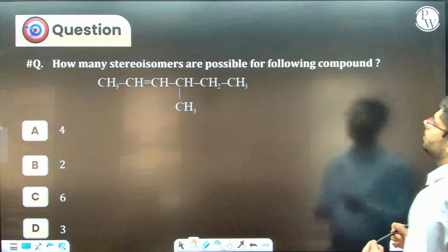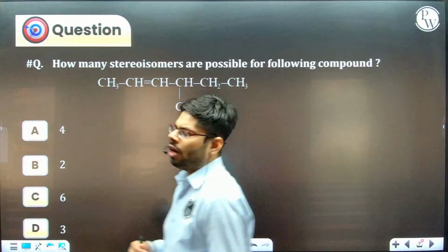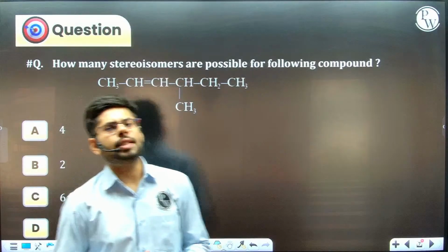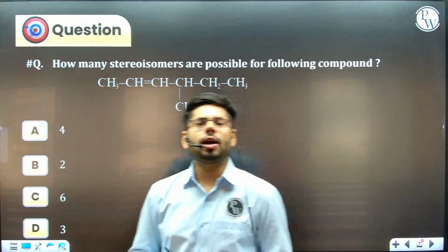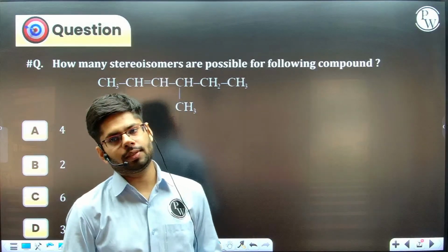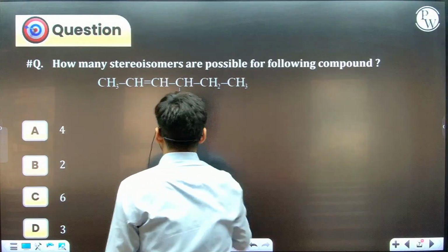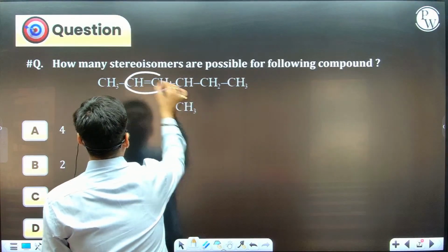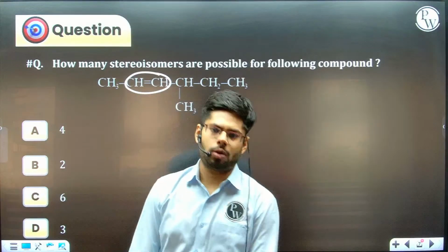How many stereoisomers are possible for the following compound? Okay, stereoisomers. Whenever in the exam they ask us how many stereoisomers are possible, we need to focus on geometrical isomers as well as optical isomers. In this species, this double bond is present. There is no other double bond.